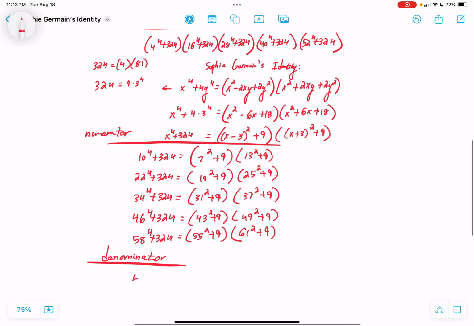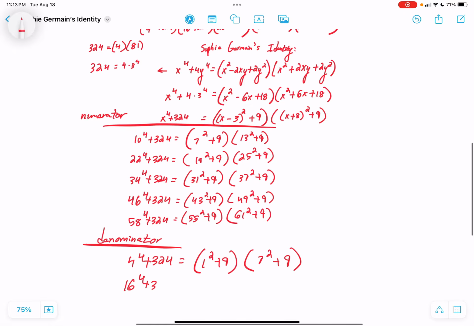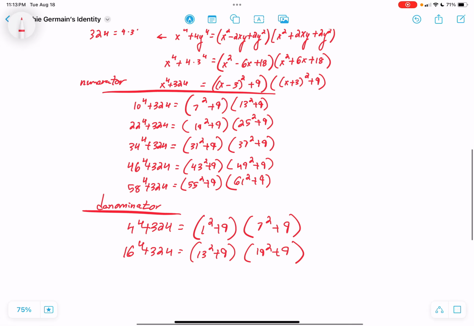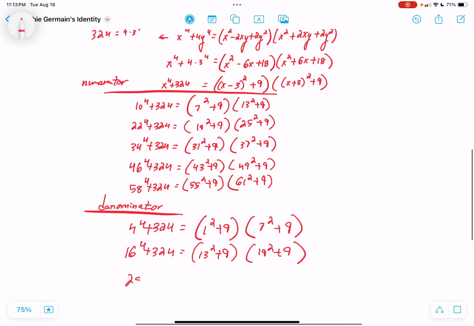So notice my denominator factors. 4 to the 4th plus 324 is going to be equal to 1 squared plus 9 times 7 squared plus 9. 16 to the 4th plus 324 is going to be equal to 13 squared plus 9 times 19 squared plus 9. 28 to the 4th plus 324 is going to be equal to 25 squared plus 9 times 31 squared plus 9.